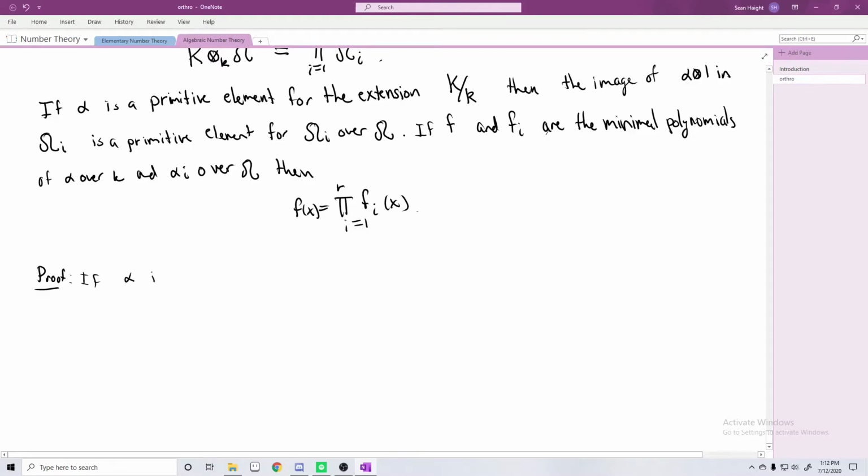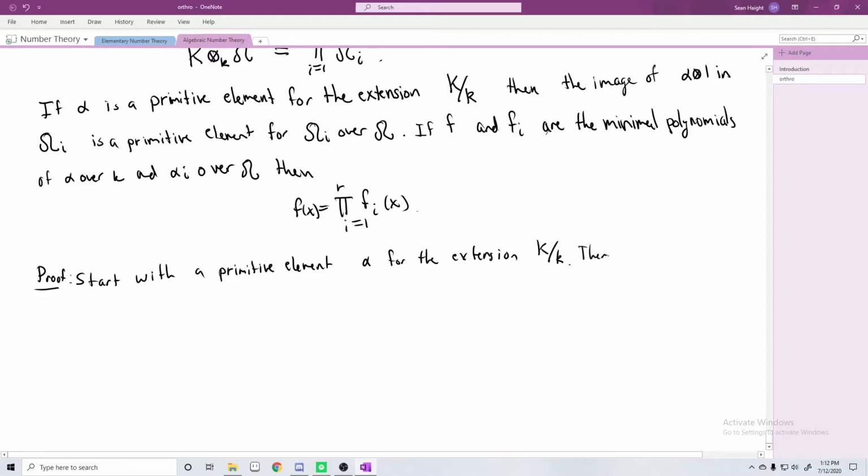I'm going to start with a primitive element, say alpha, for the extension big K over little k. So this exists by the primitive element theorem. Big K is a finite separable extension of little k.